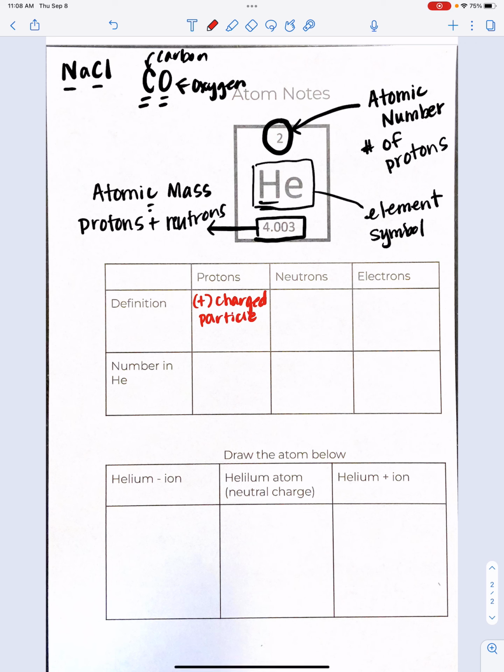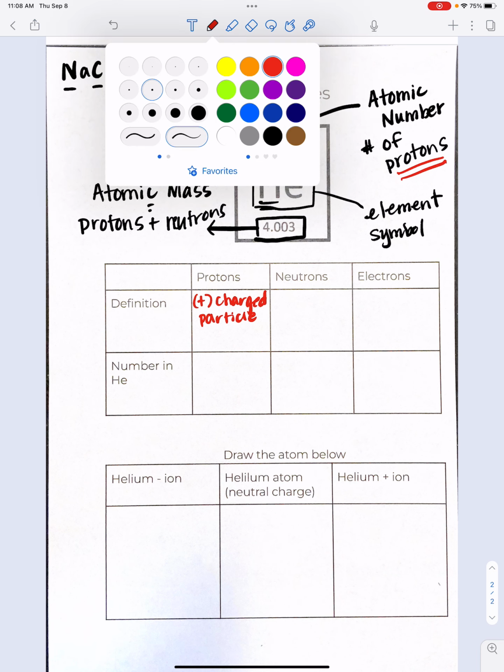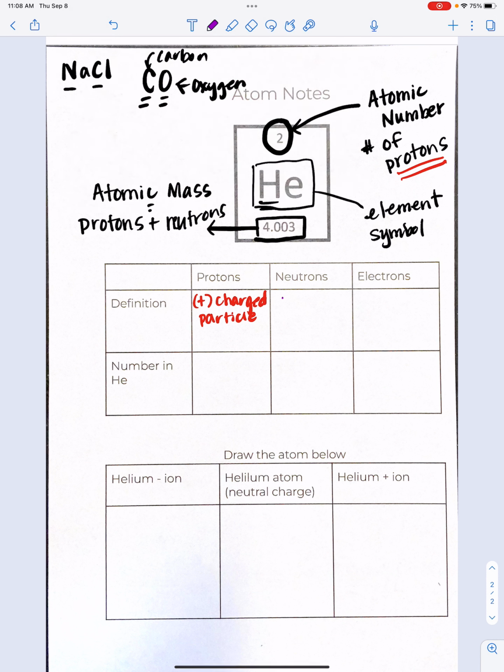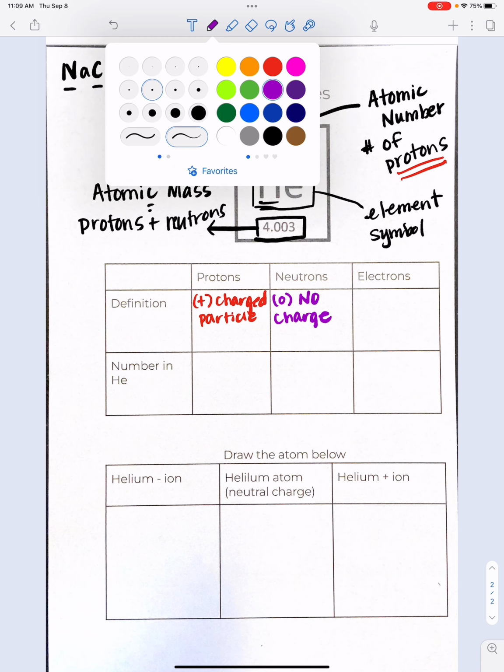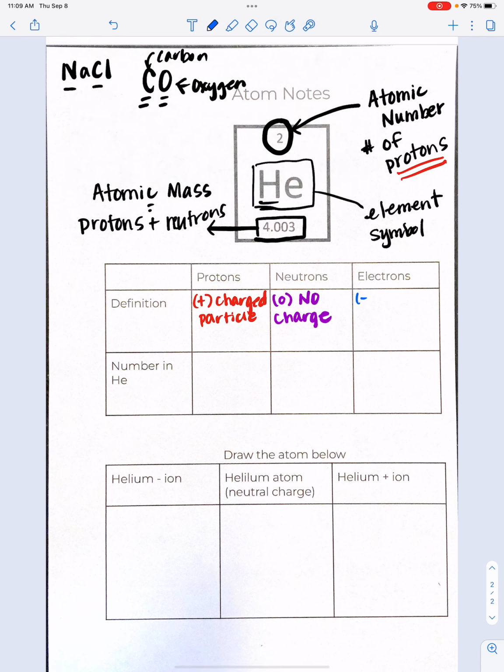And you find that from the atomic number. A neutron is neutrally charged, so I'm going to use the symbol for a 0. If that doesn't make sense to you, you can say no charge. And then electrons, you should recall, are negatively charged.